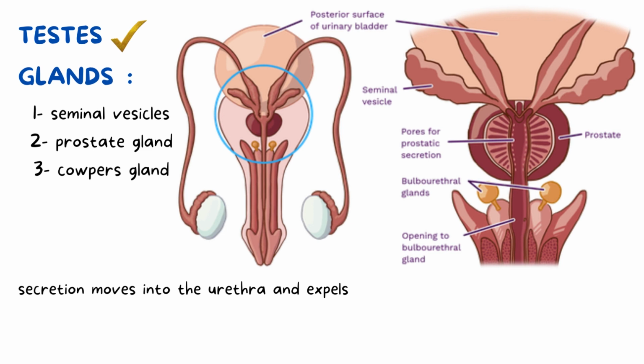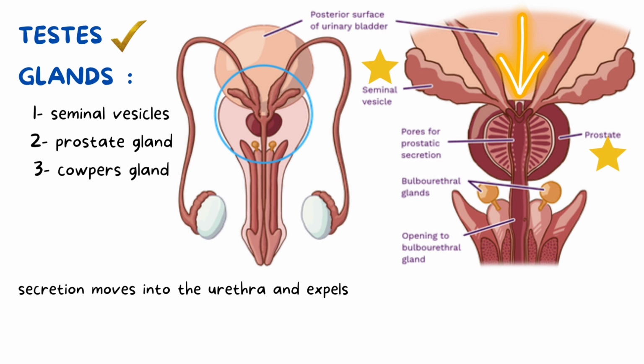Now, let's talk about the main glands associated with the male reproductive system. The first gland in the pathway is the seminal vesicles. It unites with the vas deferens to form the ejaculatory duct. Next is the prostate gland. The prostate gland releases prostatic fluid which is alkaline.